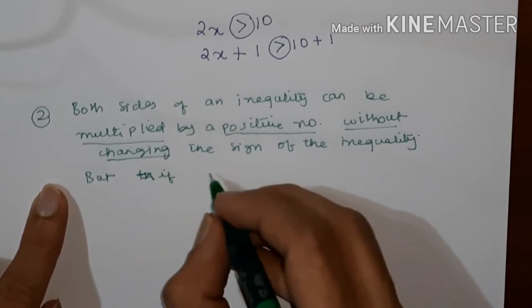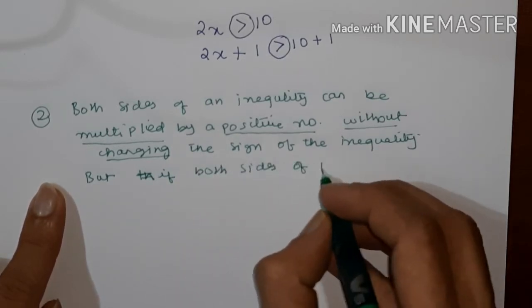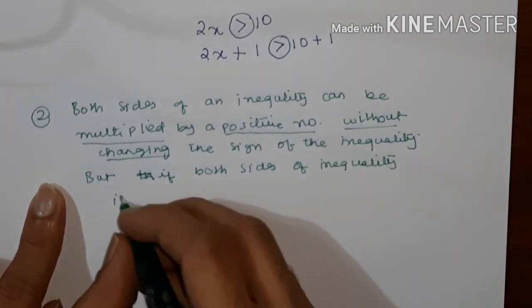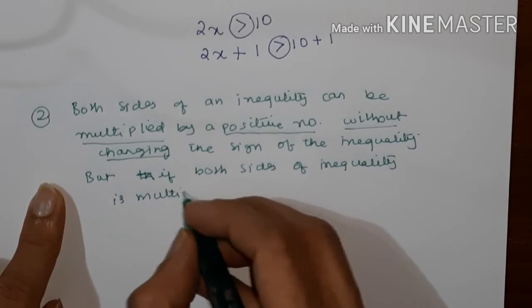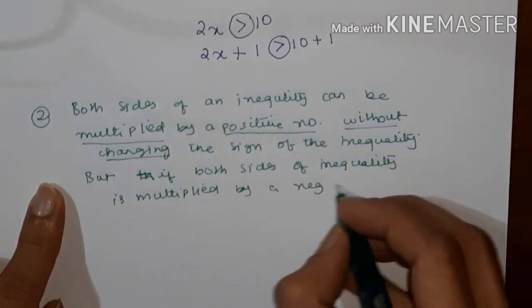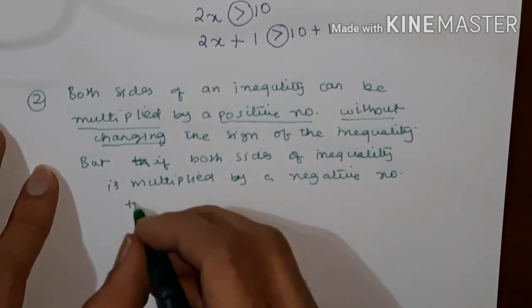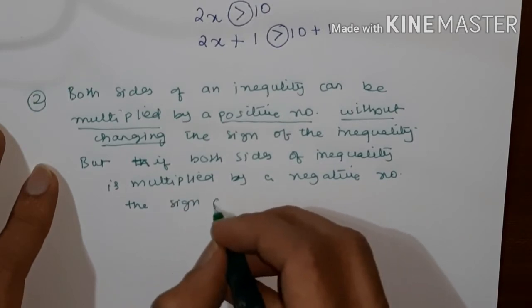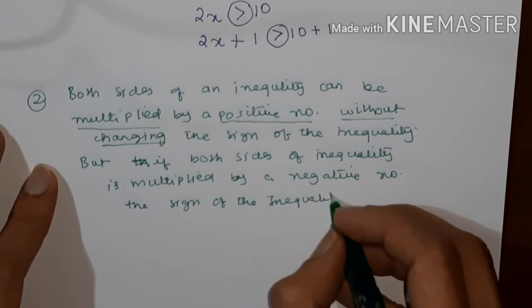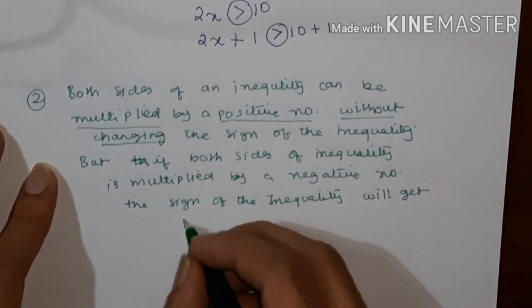if both sides of an inequality are multiplied by a negative number, the sign of the inequality will get reversed.